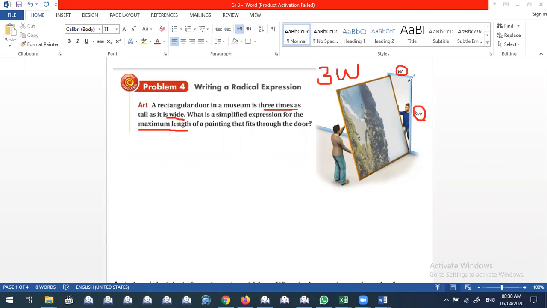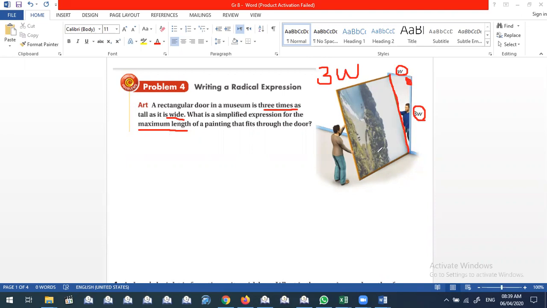As we know, the rectangle has a right angle in each corner, so this angle is right. I need to find the maximum length, so I need to find this side. We are going to use the Pythagorean theorem because we have a right angle triangle.